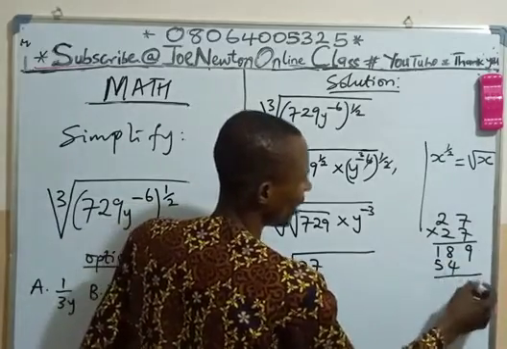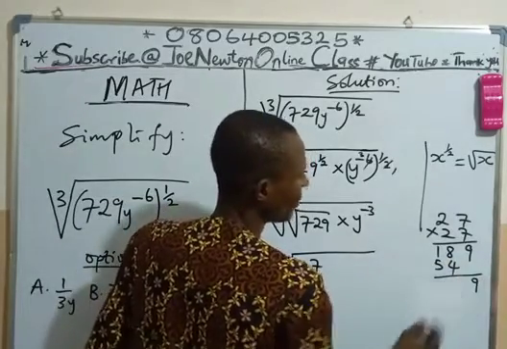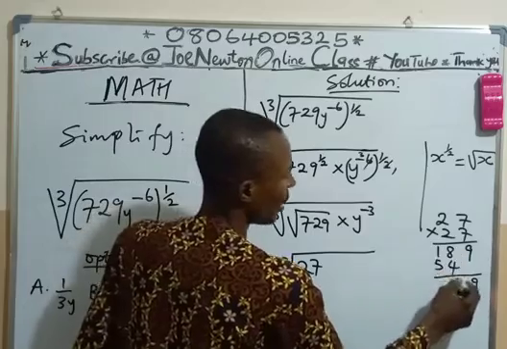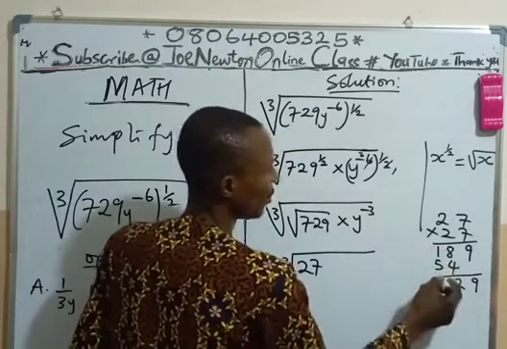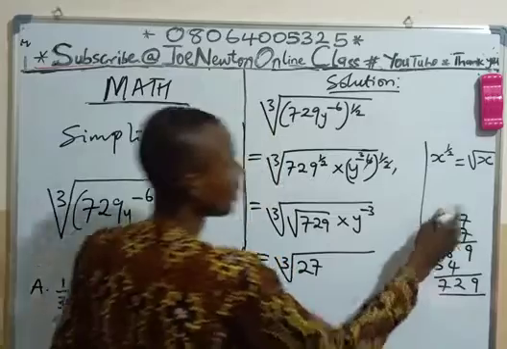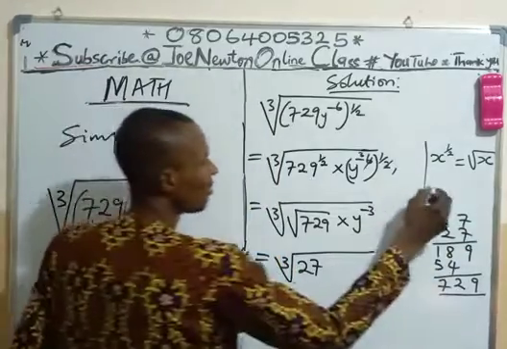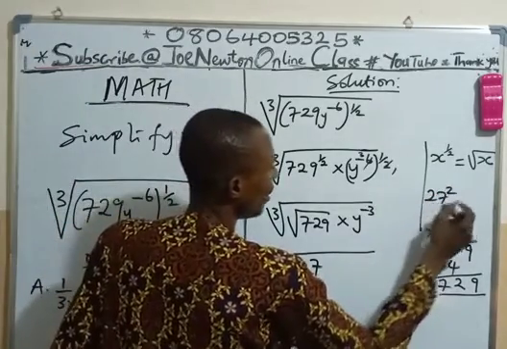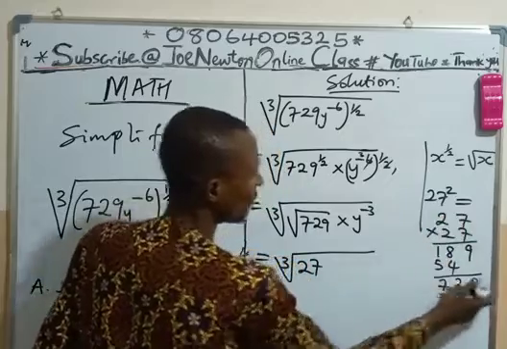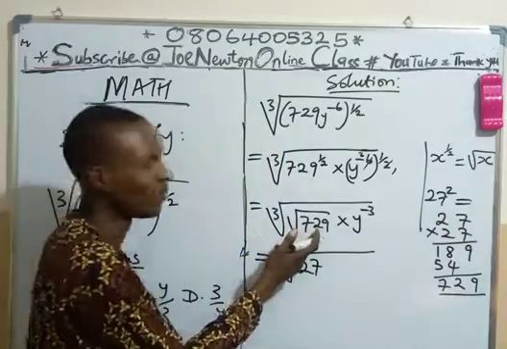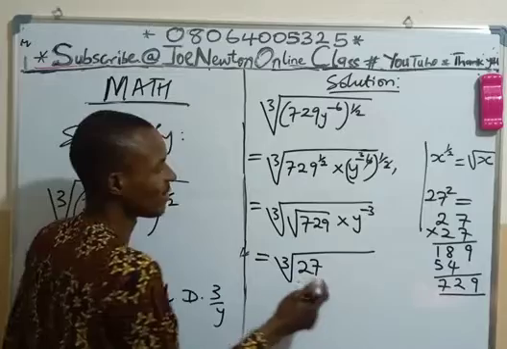That will give us here 9, and here 12, you carry 1, put here, you have 7. So 27 times 27, that means 27 squared, equals 729. So square root of 729 is 27.